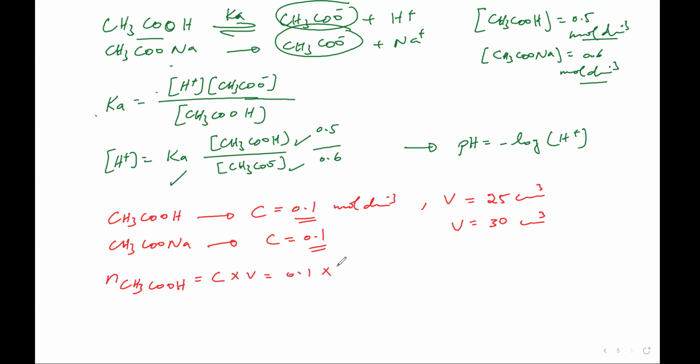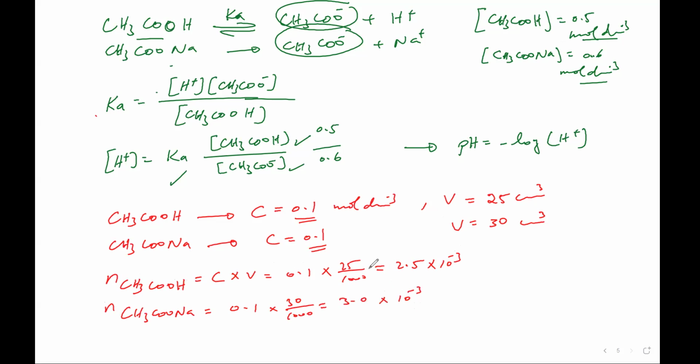So 0.1 times 25 over 1,000, and you get 2.5 times 10 to the power minus 3, for example. And the number of moles of the sodium ethanoate is equal to 0.1 times 30 over 1,000, which is equal to 3 times 10 to the power minus 3.